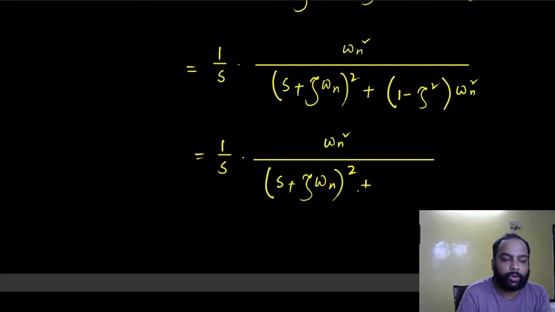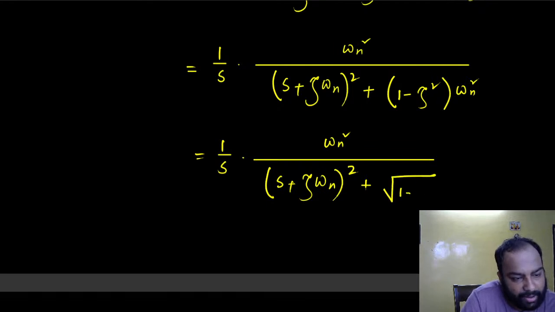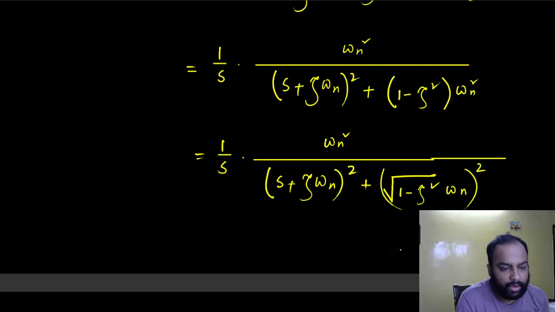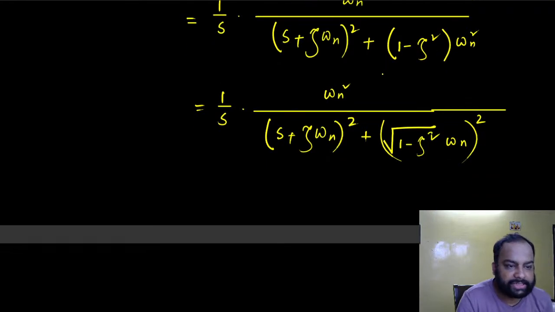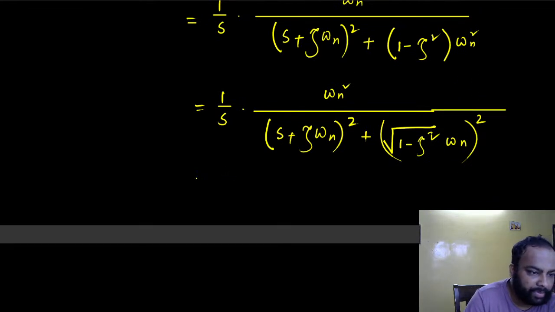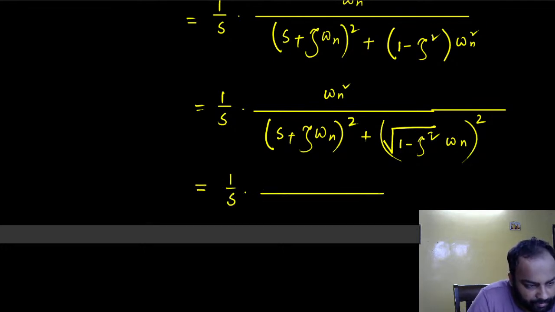So let's try to write this as something square plus something square, just like the previous one. In the previous one I had s square plus omega n square, but here I would have s plus zeta omega n whole square plus root over 1 minus zeta square omega n whole square. We have just taken the square root of the whole thing and written it as a square, right? Let me simplify this notation here.